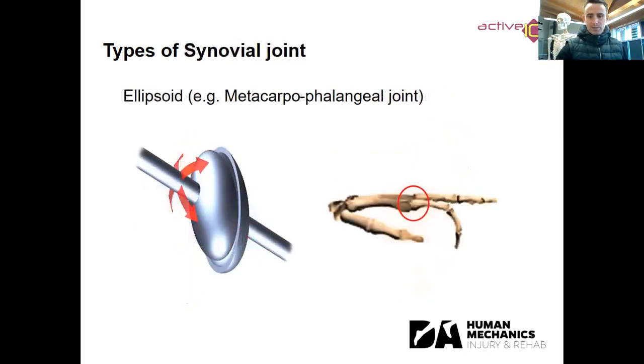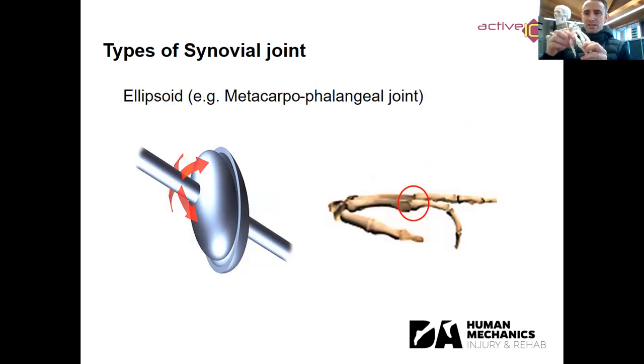Okay. I forget where we are. Synovial joint 6! So we have the ellipsoid joint. Again, often forgotten. So where we would find this is the metacarpophalangeal joint. These are posh words. So a little bit further down from where we suggested the thumb was.